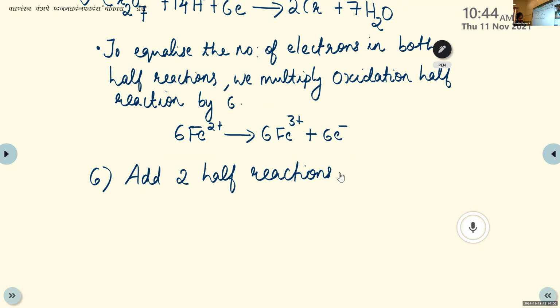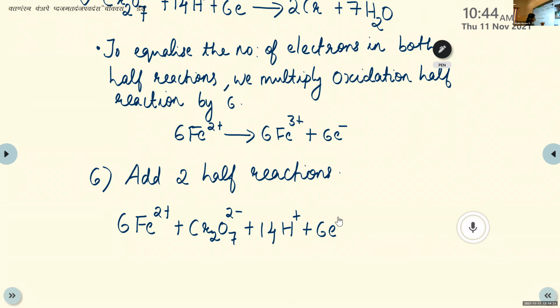So add the left hand side and right hand side. So the final equation becomes like this. 6Fe2+ + Cr2O7 2- + 14H+ + 6e- gives 6Fe3+ + 2Cr3+ + 7H2O + 6e-.